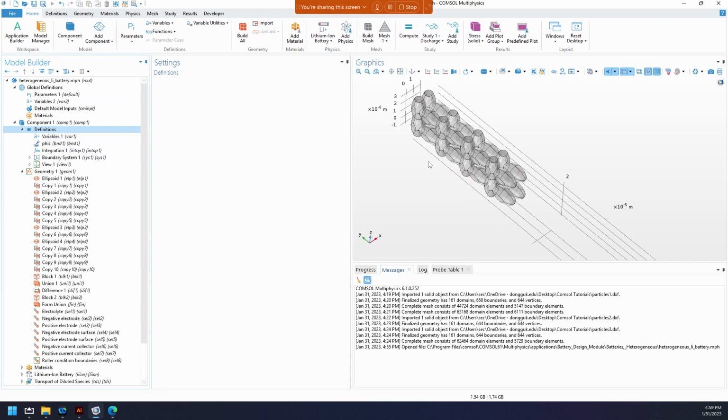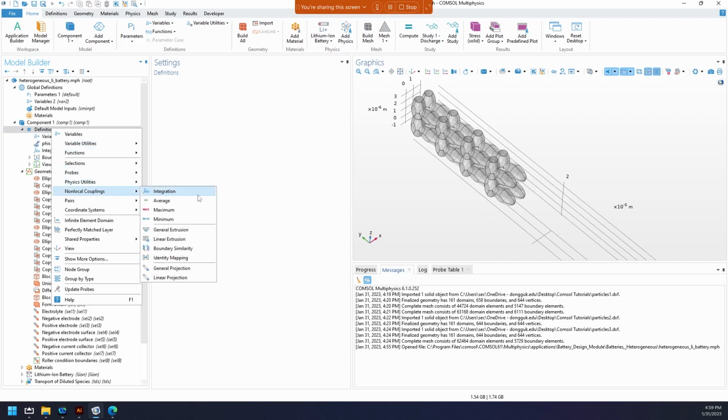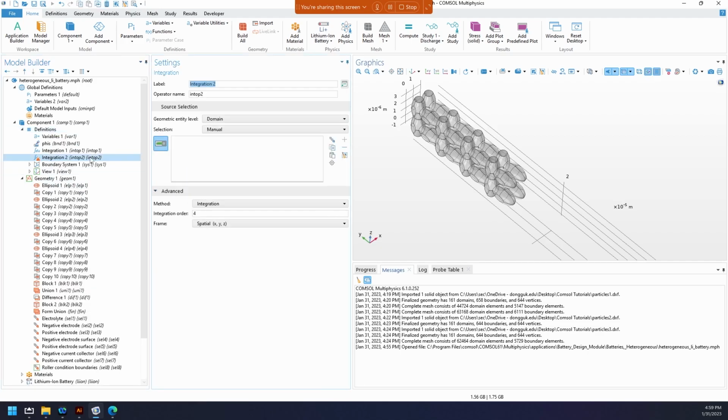Again, let's calculate the surface area of all of these particles. We go to the non-local coupling parameters again, go to the integration, select boundary this time, and the negative electrode surfaces. It will select all the boundaries of this one.